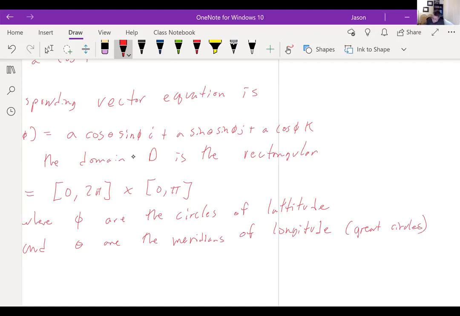Okay, so what does that mean? Well, it means if we took a globe and wanted to know what's this angle phi here. Let me go down a little bit more. Okay, what's this angle phi here?